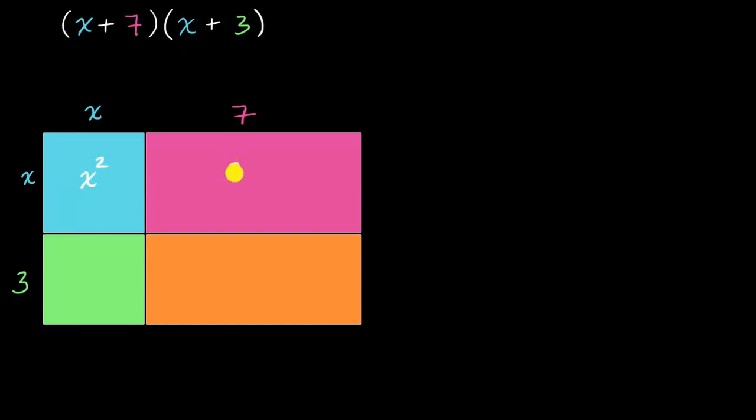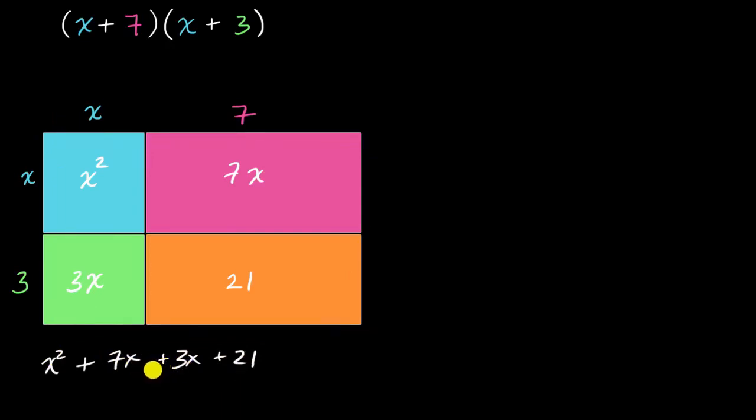This one over here will have an area of 7x, 7 times x. This one over here will have an area of 3x. And this one over here will have an area of 3 times 7, or 21. And so we can figure out that the ultimate product here is going to be x squared plus 7x plus 3x plus 21. That's going to be the area of the entire rectangle. And of course, we could add the 7x to the 3x to get 10x.